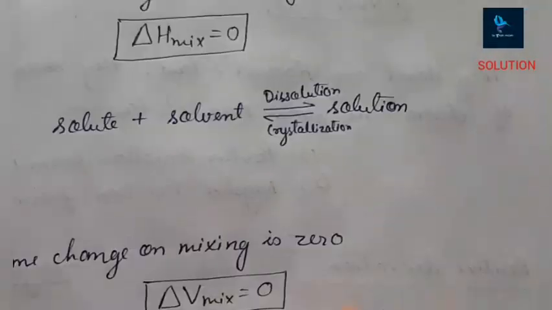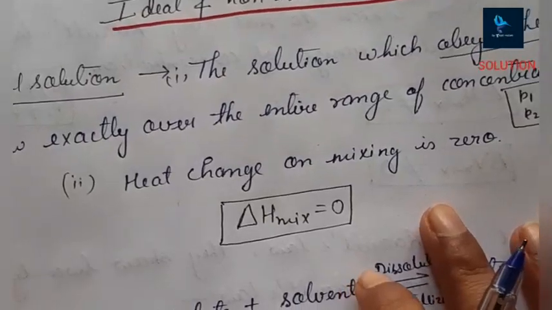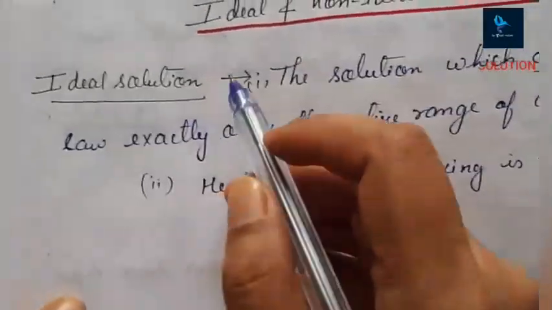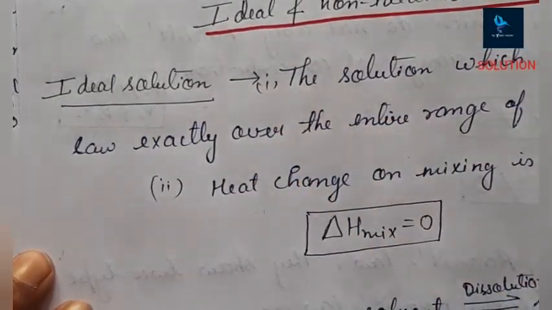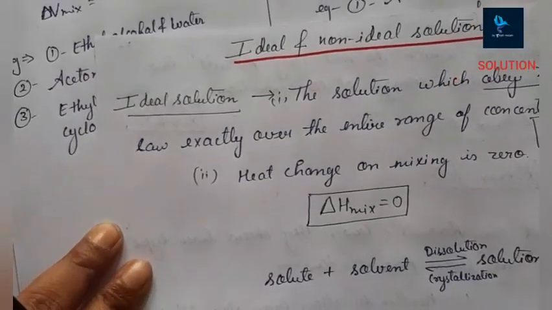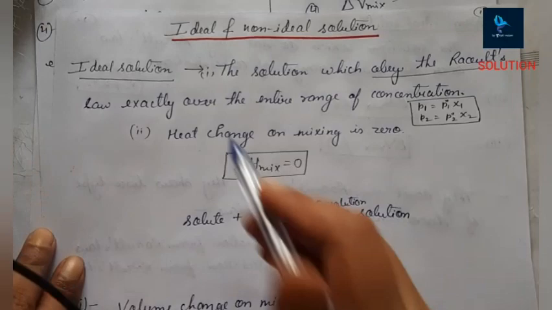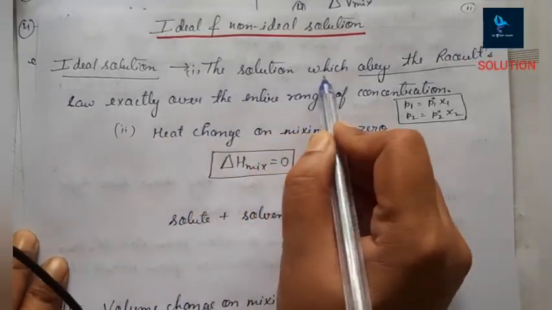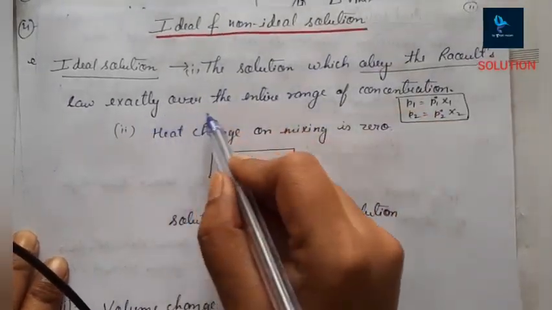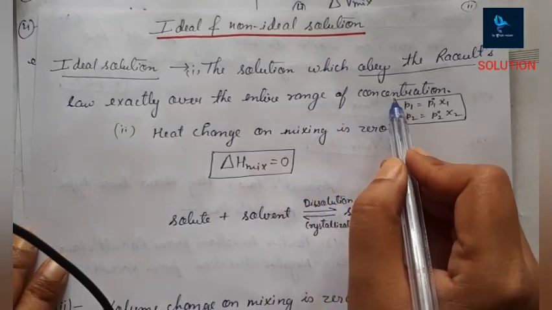First of all, we have to know about ideal solutions. What are ideal solutions? Ideal solutions are those solutions which obey Raoult's law exactly over the entire range of concentrations.